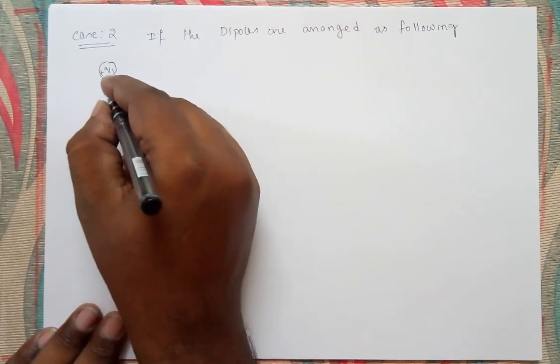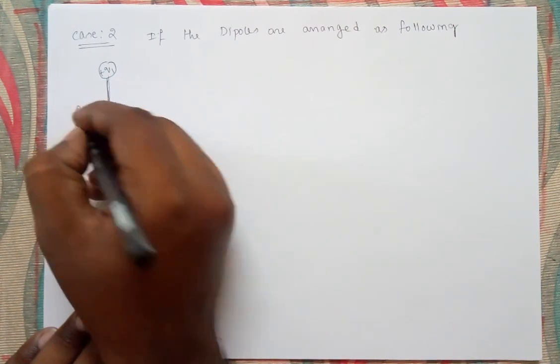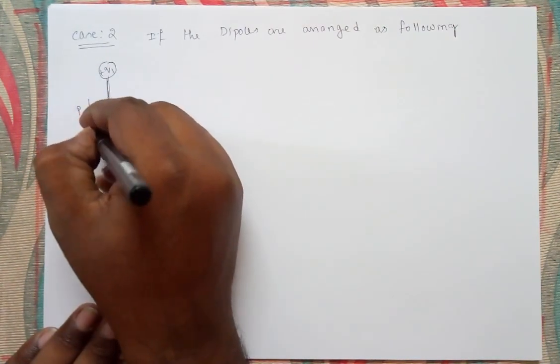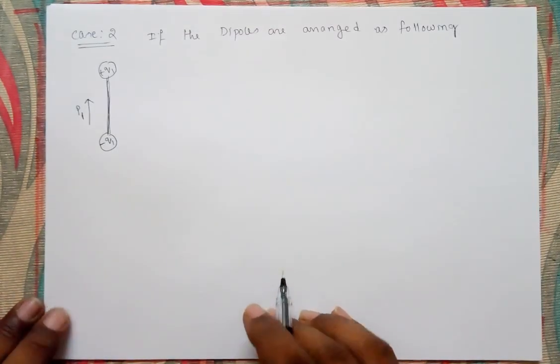This is a dipole, and this dipole moment is p1. You know the dipole moment is directed from the negative charge to the positive charge.